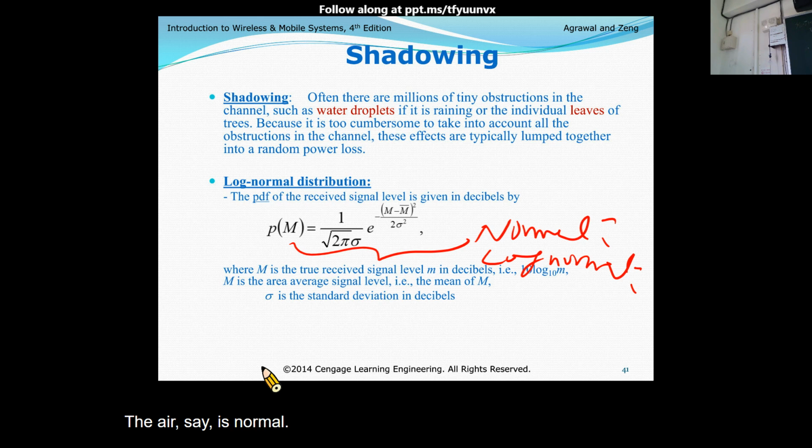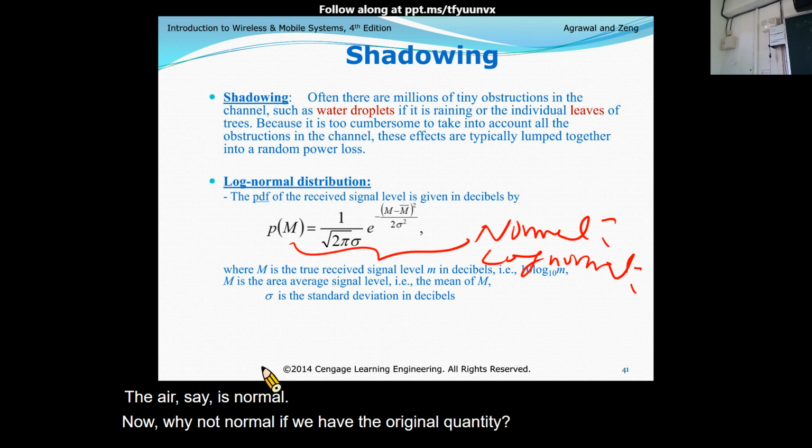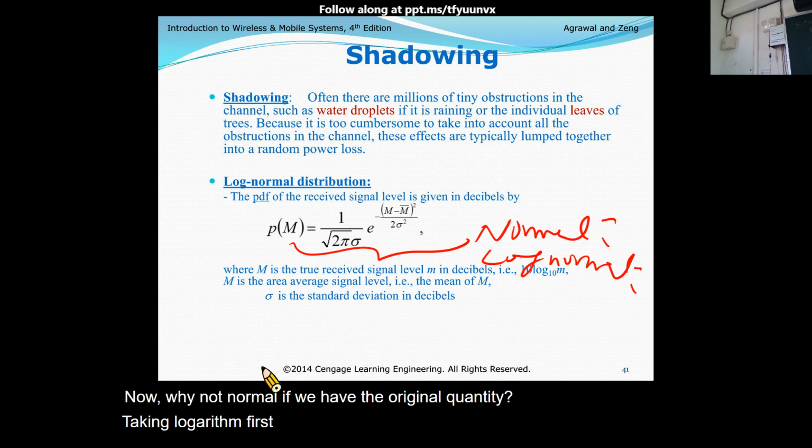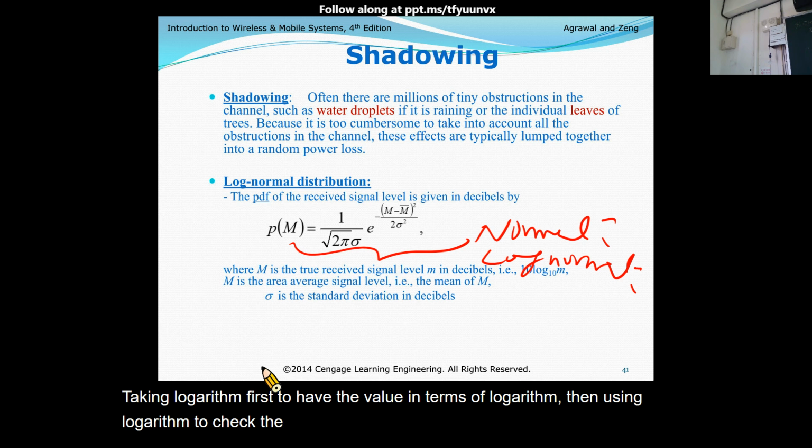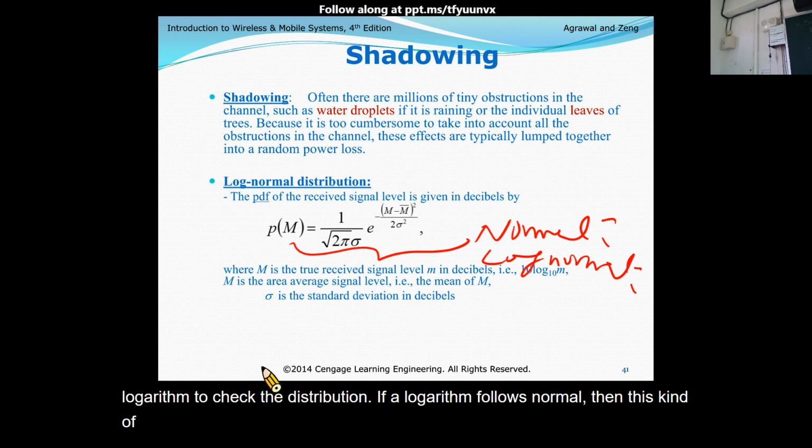Now, why log normal? If we have the original quantity, we take the logarithm first to have the value in terms of logarithm, then use the logarithm to check the distribution. If the logarithm follows normal, then this kind of distribution we call log normal.